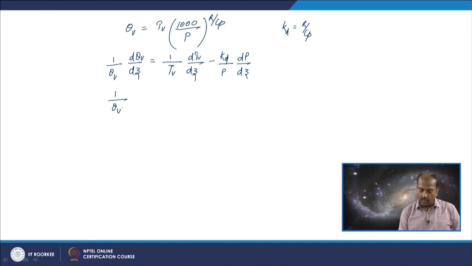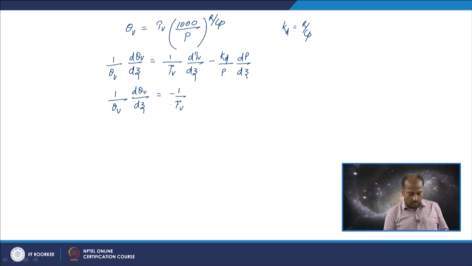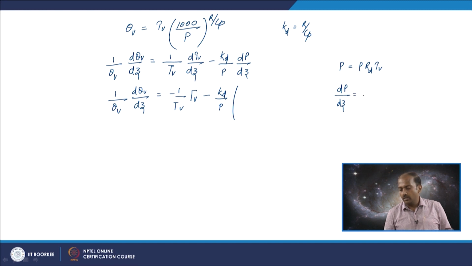If I just expand it, d theta v by dz is equal to minus 1 by Tv gamma v minus Kd by P dP by dz. Now P is equal to rho Rd Tv, and the hydrostatic equation is dP by dz equals minus rho g.